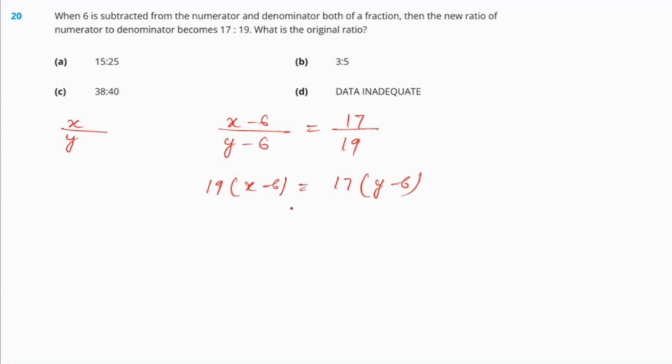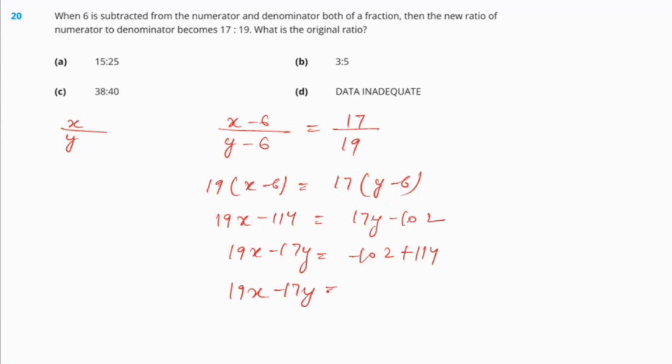So 19x minus 114 equals 17y minus 102. So 19x minus 17y equals minus 102 plus 114, which is 12.